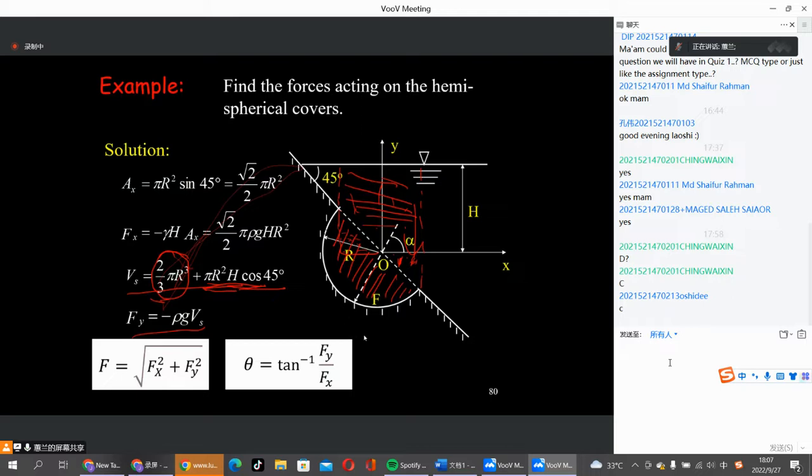After you find the horizontal and vertical forces, you find the resulting force, okay?